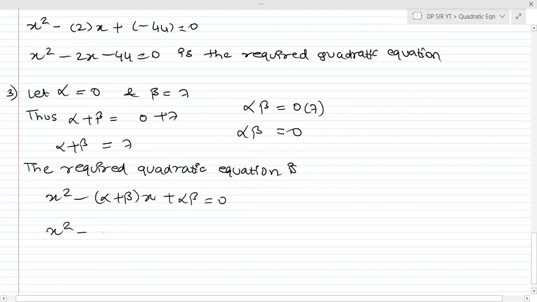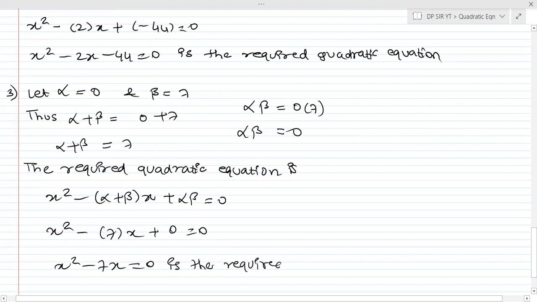So x square minus alpha plus beta is 7x plus alpha beta 0 is equal to 0. So x square minus 7x is equal to 0 is the required quadratic equation. Okay.